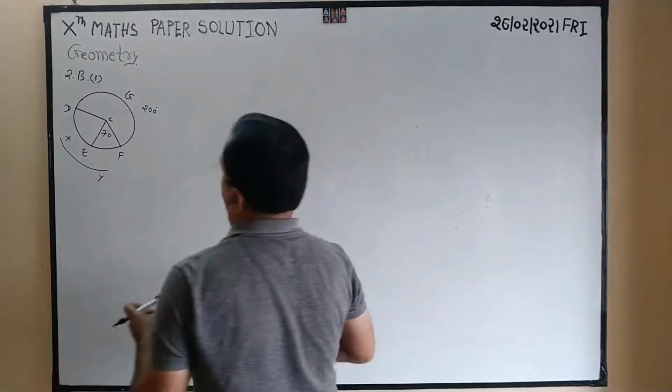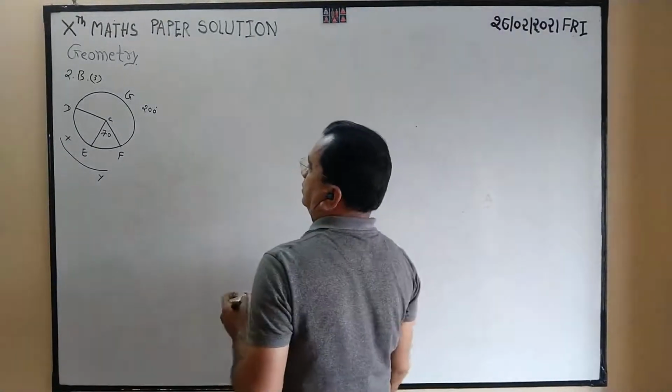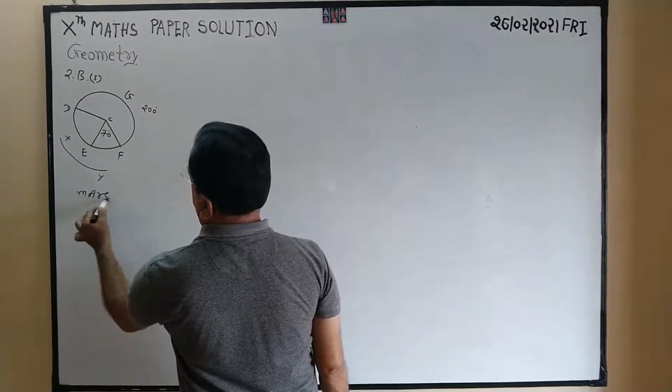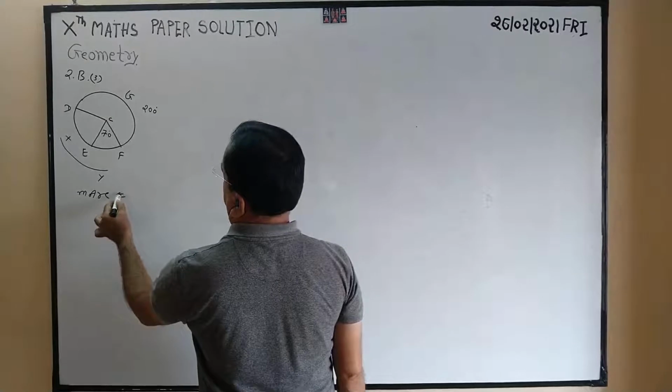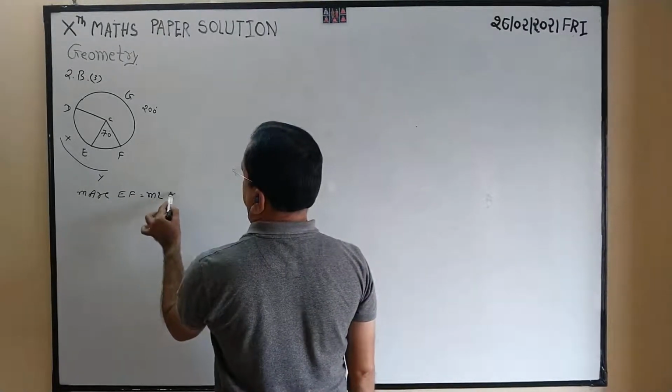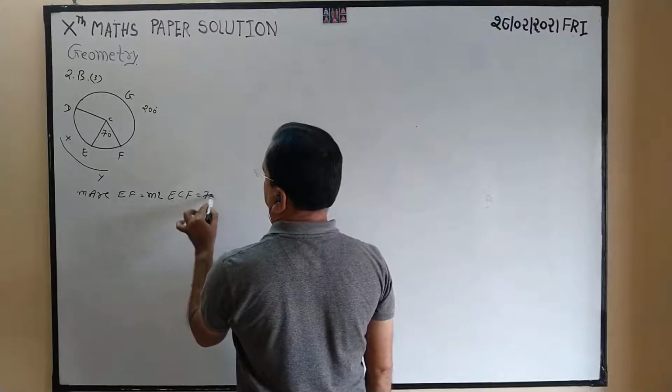Now major arc EF is equal to major angle ECF is equal to 70.